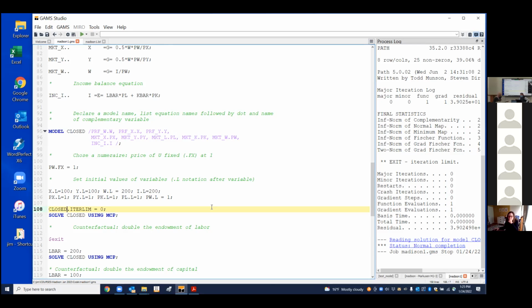Go to the other window. Can it be saving at a different place now? I don't know. So here I am, Madison 1 _CRD.